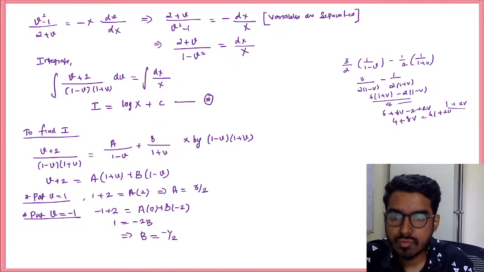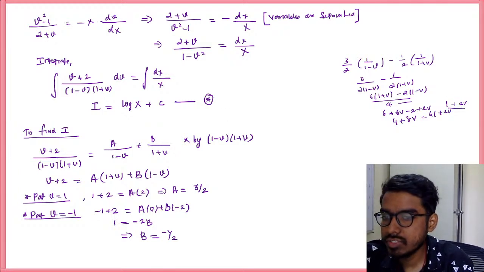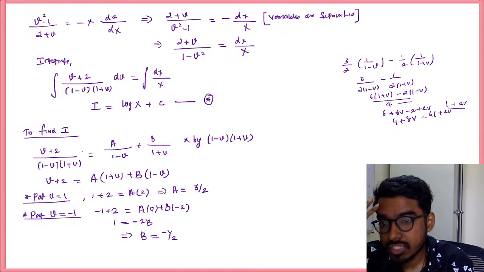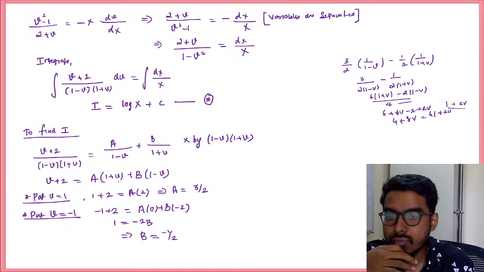It is b plus 2, right? B plus 2 by 1 plus b, 1 minus b is a by 1 minus b, b by 1 plus b. Multiply by 1 minus b, 1 plus b, we will have b plus 2 is equal to a into 1 plus b plus b into 1 minus b. So if we put b to be equal to 1, we'll have 2a is equal to 3, a is 3 by 2.